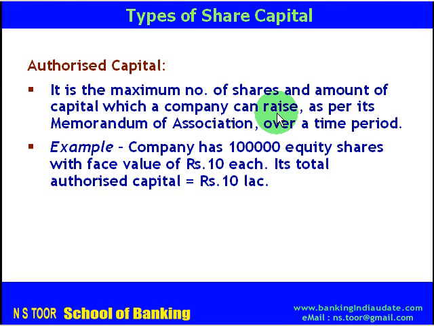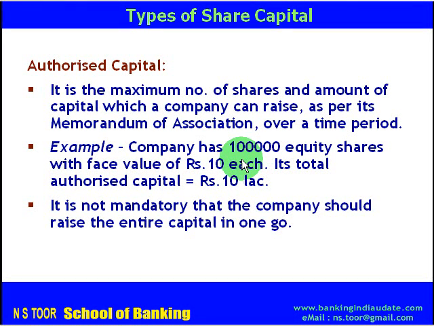For example, a company has 1 lakh equity shares with face value of rupees 10 each. In this case, the authorized capital will be rupees 10 lakh. So this is the maximum amount of share capital which a company can have.